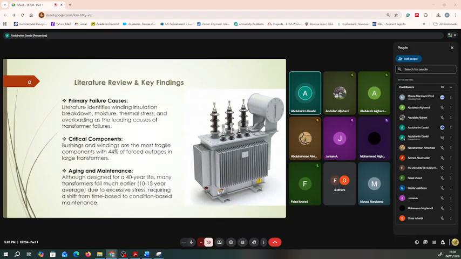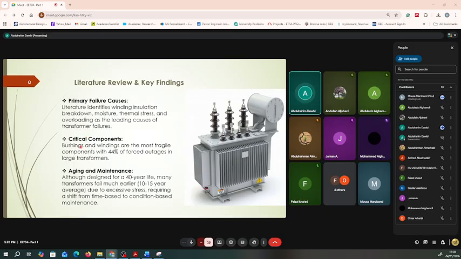About the literature review and key findings, primary failure causes. Literature identifies winding isolation breakdown, moisture or thermal stress, and overloading as the leading causes of transformer failures.